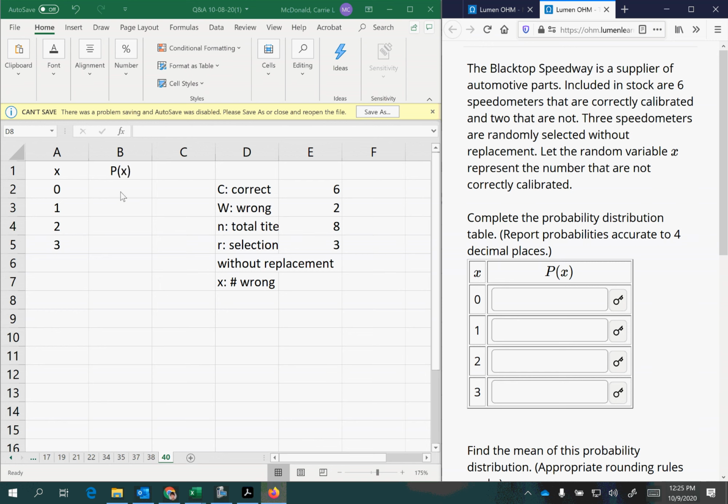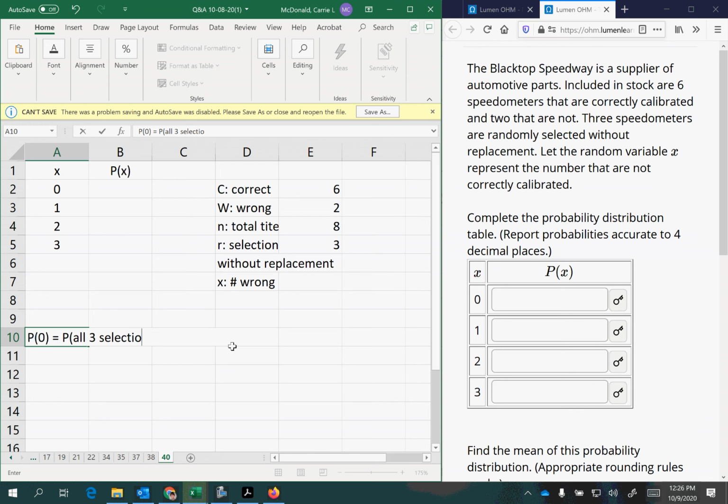Then the probability of 0 is the probability that all 3 that we select are correct, or you could just say that 0 are incorrect, which is why x is equal to 0.